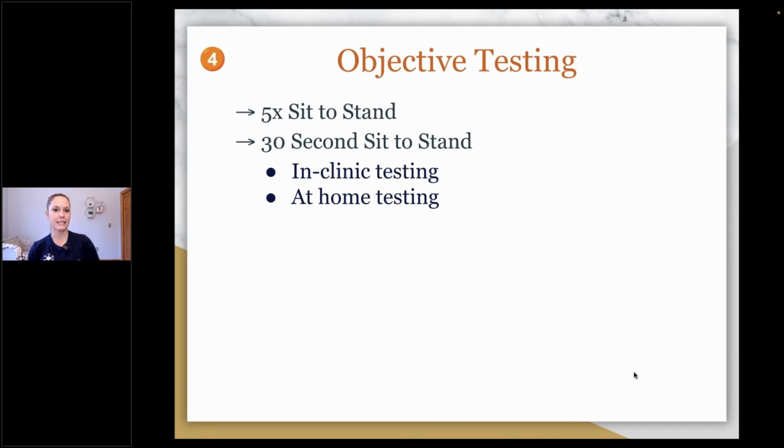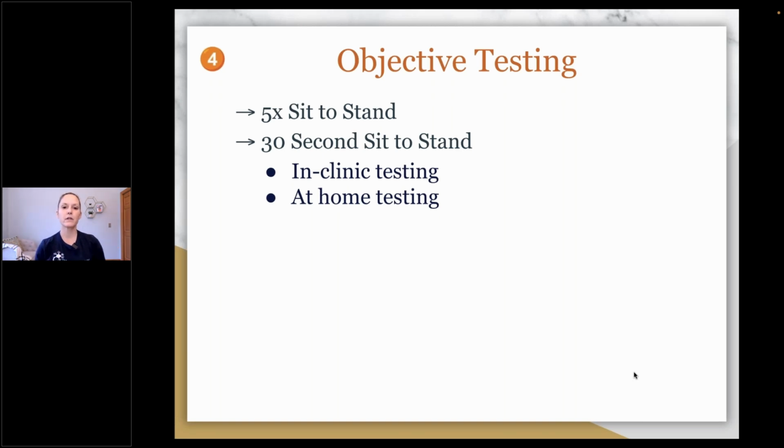The 30-second sit to stand, you put 30 seconds on a timer and you press go, and you're timing how many times you stand up within 30 seconds. So pretty similar. One is looking at the time it takes you to stand up and sit down. The other is looking at how many repetitions you can do within a certain time.